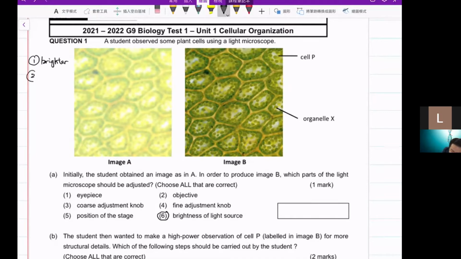Secondly, you will find that image A is not clear enough, because it's not in focus. So to get focus, you need to adjust the fine adjustment knob. Okay, so 4 and 6 is the correct answer.